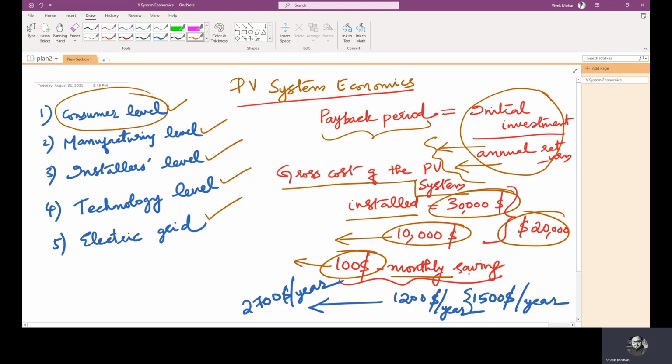So this is a monthly saving. Now it can be converted to a yearly saving. So $1,200 per year would be the savings in electricity bill.